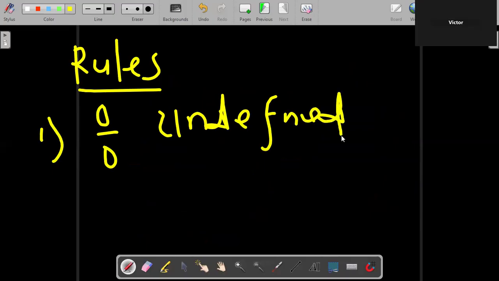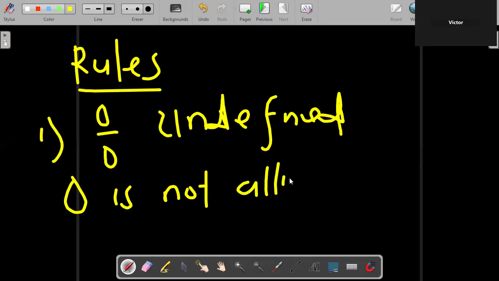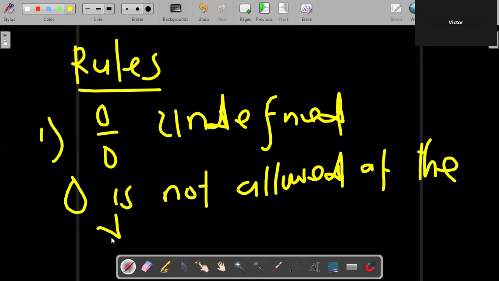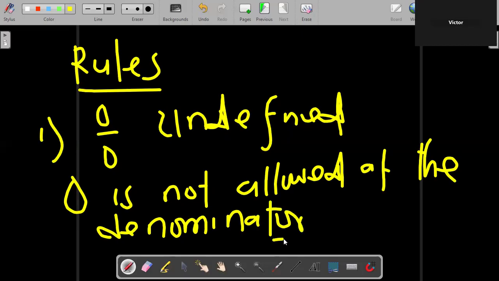That means you cannot have 0 at the denominator. 0 is not allowed at the denominator. You're not allowed to have 0 at the denominator.